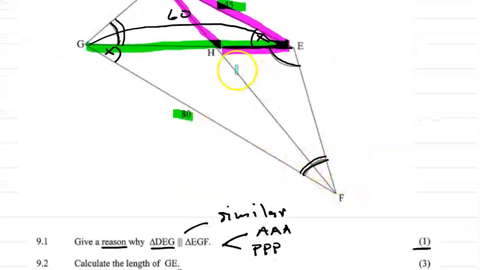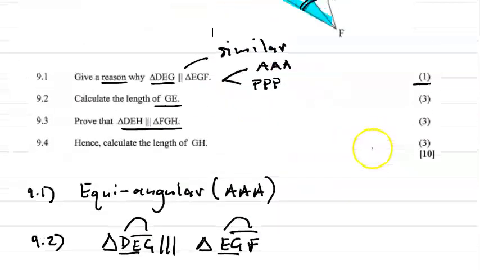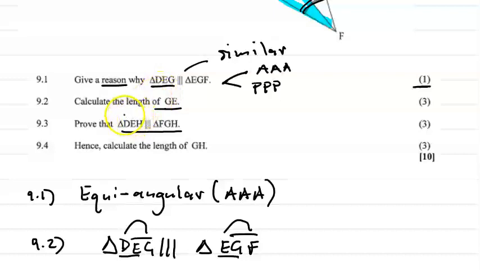So we've got FG. Let's just quickly go and highlight that. Right, so what do we notice here? Remember that these triangles are given in the order that their angles are equal. So therefore, there is a relationship between D and F, between E and G, and H and H.